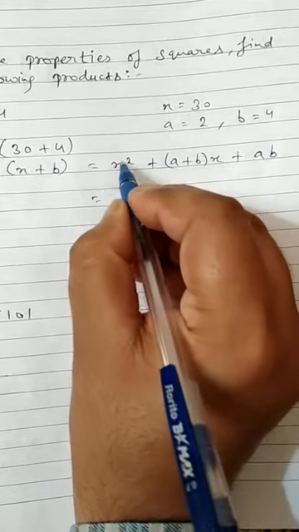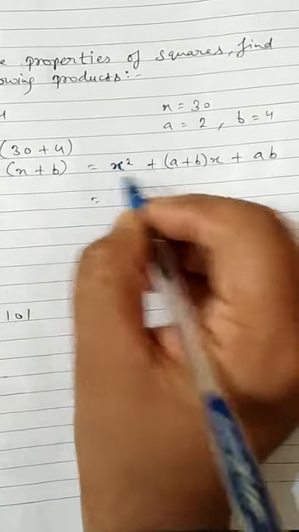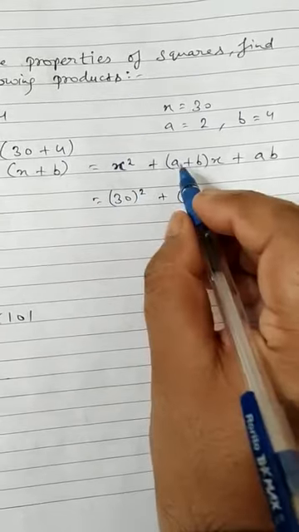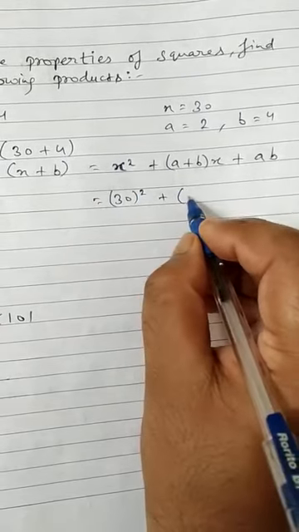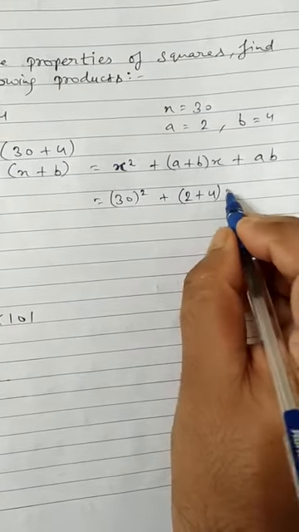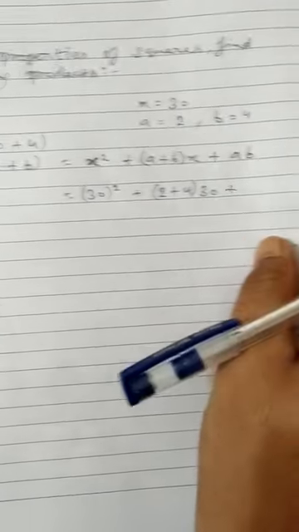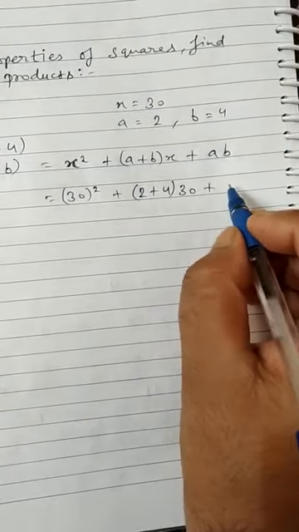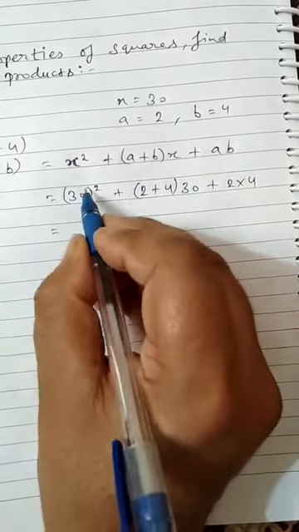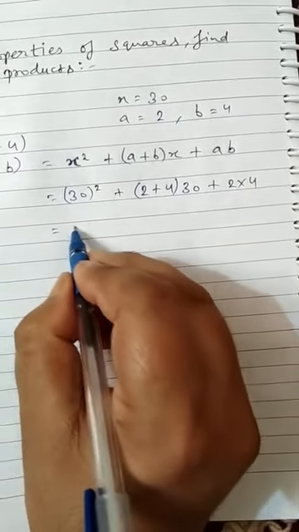X square means 30 square. A plus b means 2 plus 4, and outside the bracket 30, and a into b means 2 into 4. The square of 30 is 900.